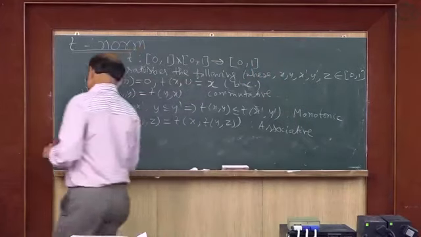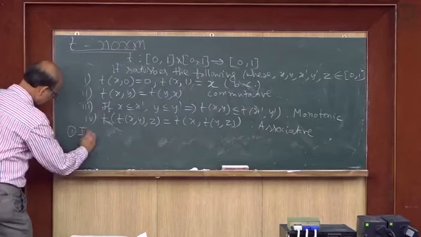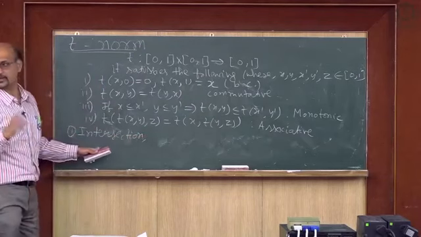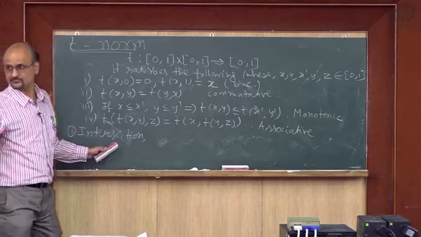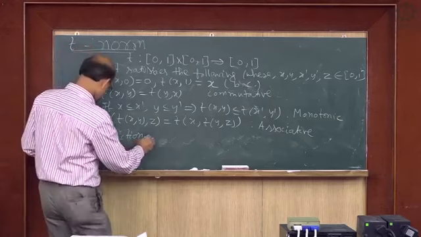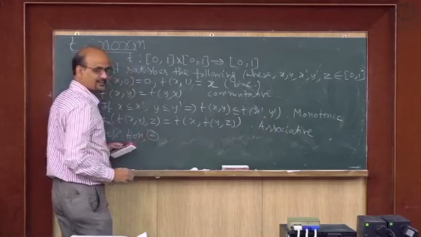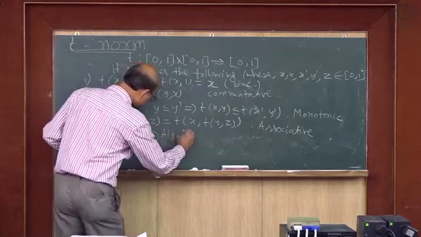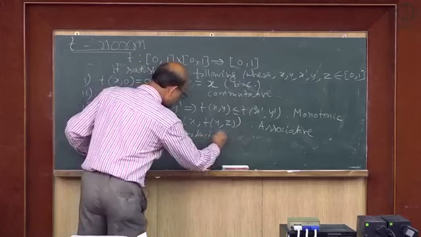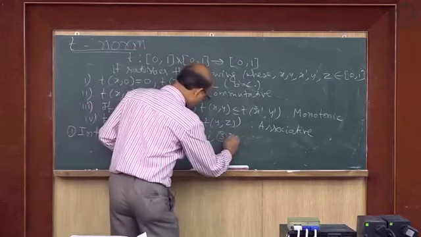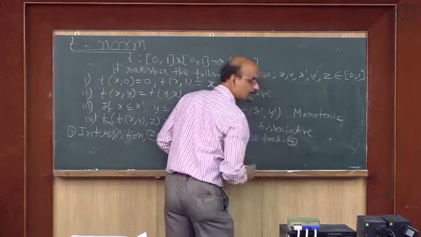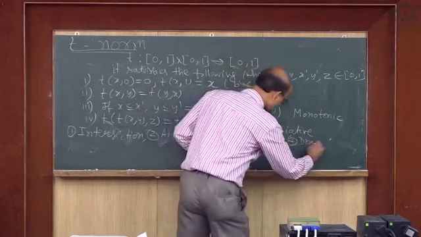So what are those? Intersection. You can check one by one that those are satisfying, okay? That is your homework. Intersection. Second, algebraic product. Third, bounded product. And fourth one is drastic product.